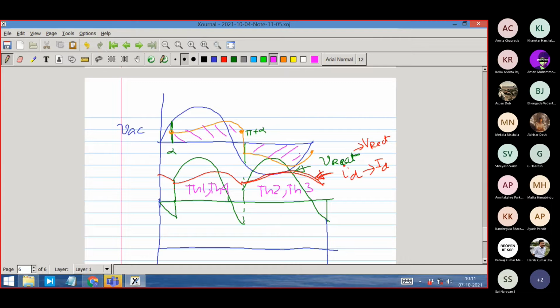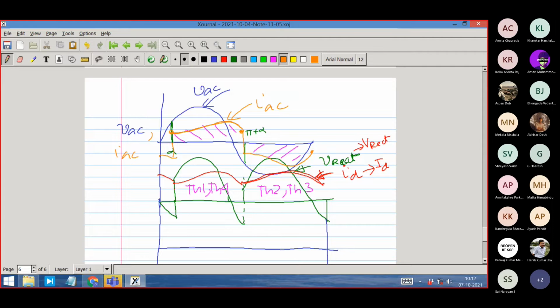This is the current waveform that we will get in the AC side. This waveform I call IAC. Blue was VAC. This is VAC, comma IAC. Here also it will jump in this direction, and there will be some current. So you have understood that AC current.